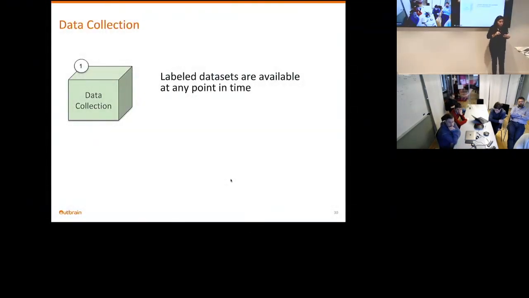And then the result is that we have labeled data sets available at each point of time. Both the production flows that are deploying daily models to production can use this data, but also all our research iterations are able to use this data. Okay.